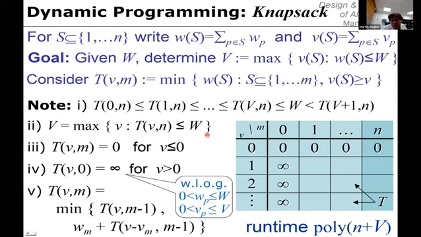So the bad cases are when V is large, and the good cases are when V is small.